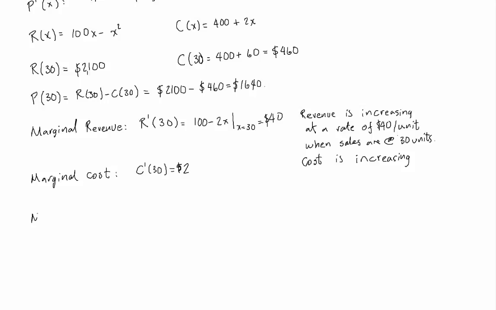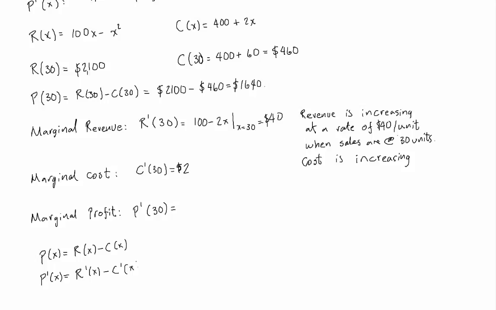All right, so our marginal profit is going to tell us how the profit is either increasing or decreasing at our level of production. I realized I did not write the expression for the profit function. Since profit is just revenue minus cost, when I take the derivative, since the derivative is linear, I can just take the derivative of each term.